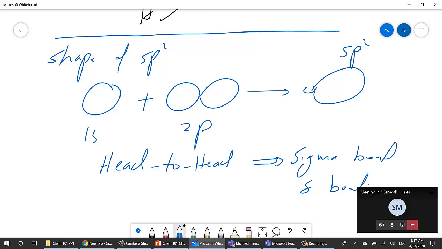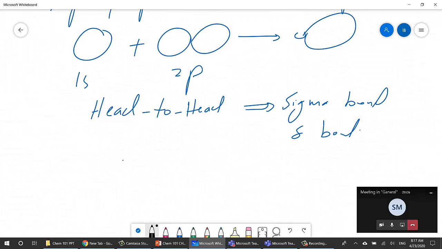Because it's head to head, because the s orbital comes and forms the bond. There's another type of bond called side to side, and that's a pi bond, but we are going to come to it later. But anyway, the s orbital always makes a sigma bond. That's the rule.